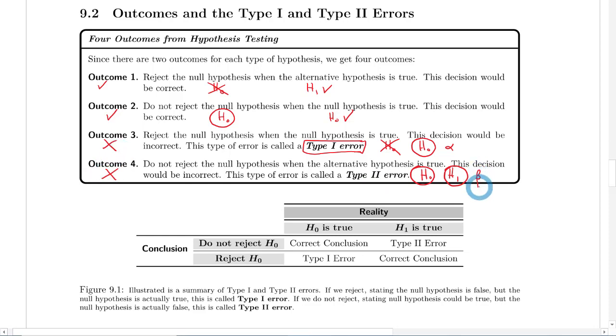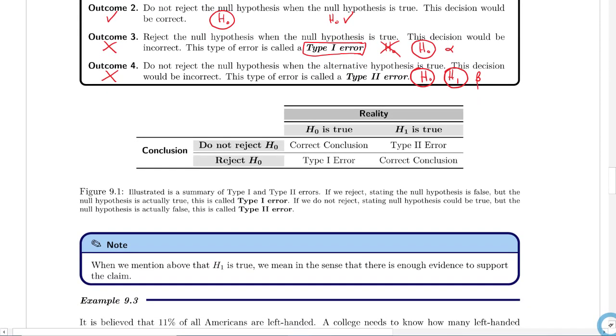Okay, so I put a little table here, kind of like how it looks like as a matrix. So here's the reality. The reality is the null is supported or the alternative is supported. The conclusion we get from our hypothesis testing, because that's where the error comes from, right, is if we do not reject the null and the null is true, okay, that's totally okay, right?